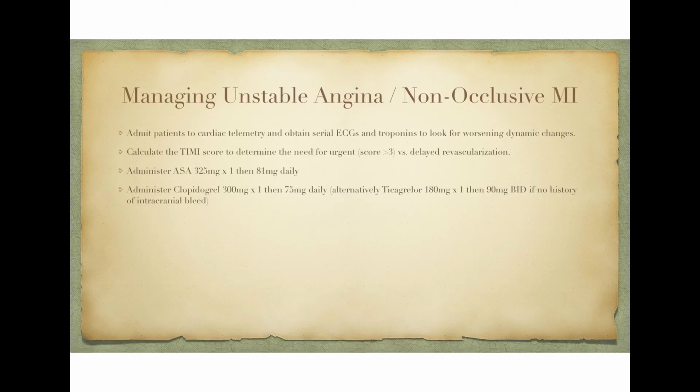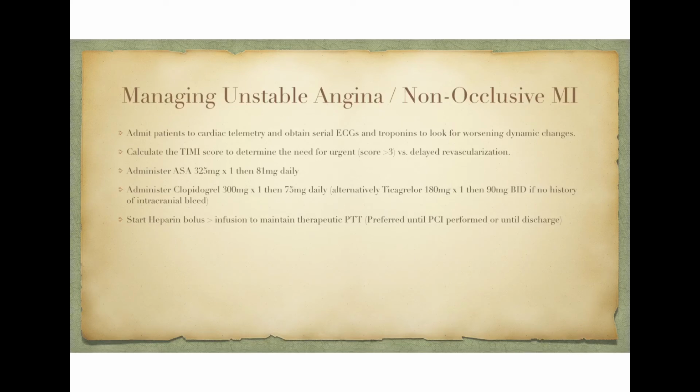And the reason you need 2 antiplatelet agents, if possible, is because of the huge role that we saw of platelet aggregation. If this is an atherosclerotic plaque, the aggregation of little platelets on top of this plaque are what can lead to worsening thrombus formation and eventually occlusion. So you want to prevent that by giving 2 different antiplatelet agents.